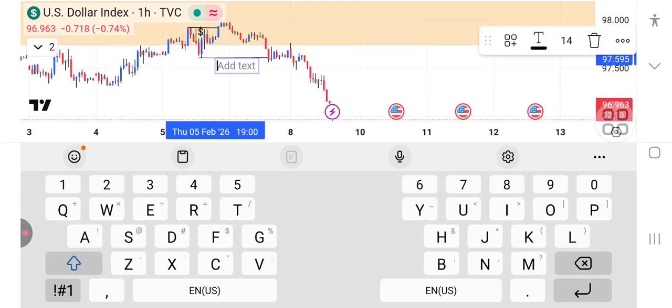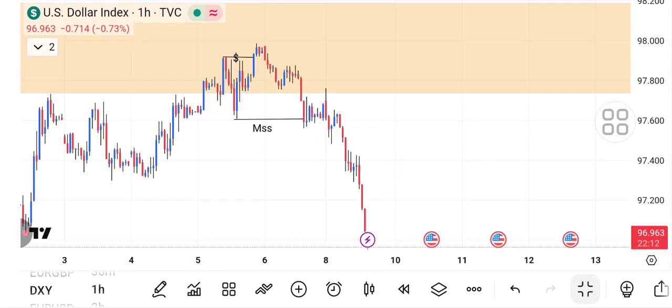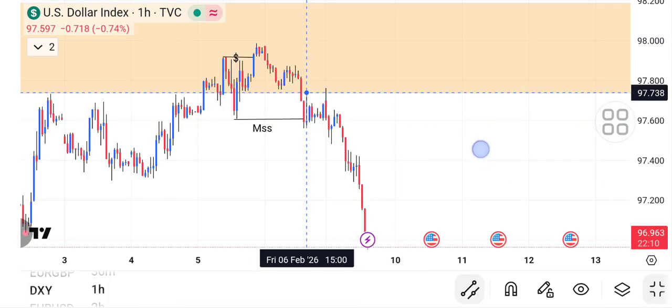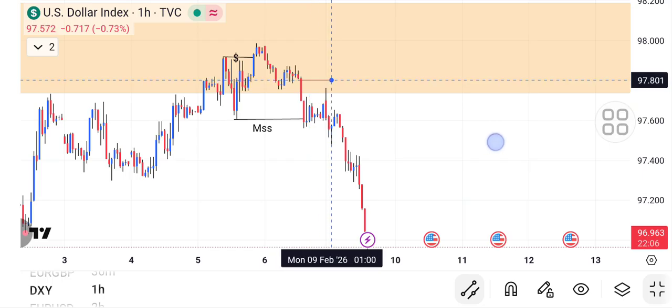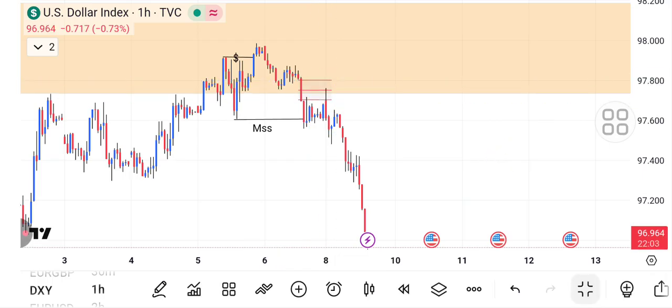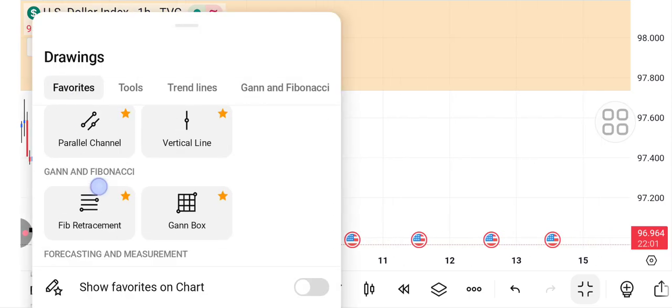After getting the market structure shift, I had a fair value gap right here that I was waiting for price to retest. Then I take my sells after price retests the zone.